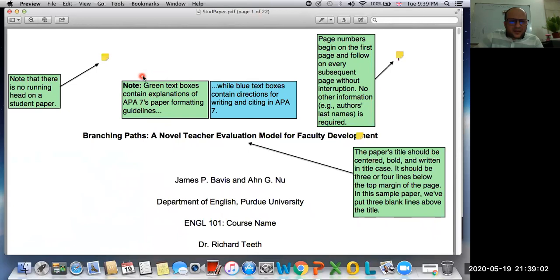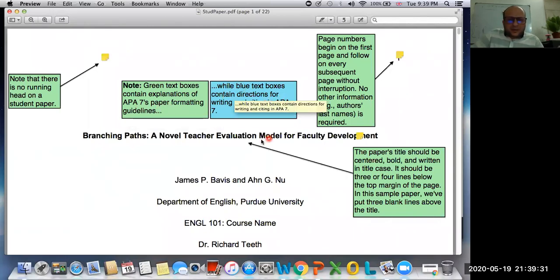As you can see here, the green box and the blue box. All green text boxes contain explanations of APA 7th paper formatting guidelines. And you know that the documentation, formatting, and style followed is APA, among many, in fact, but we follow APA 7th edition. We discussed this in the previous session.